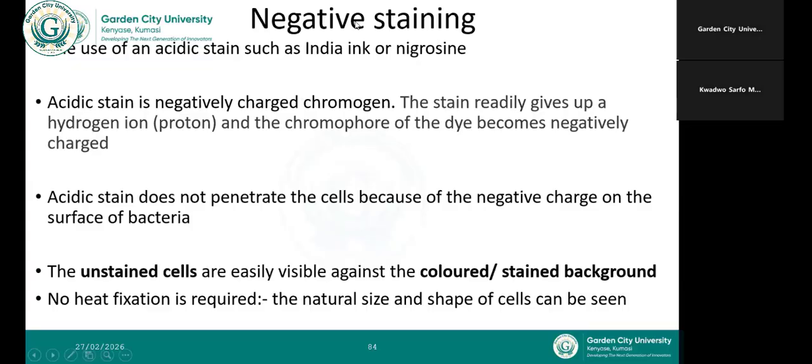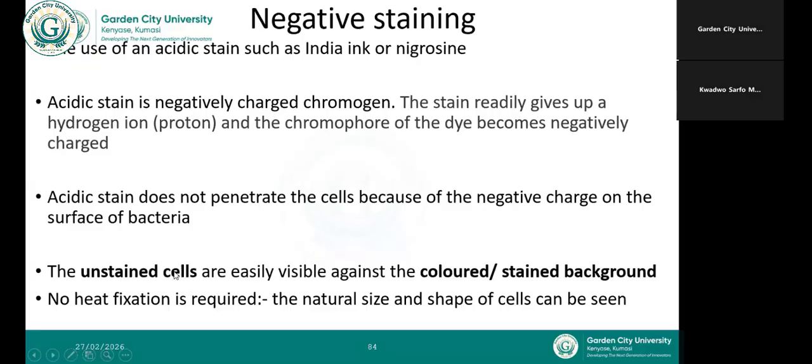So if the bacterial cells are slightly negative, and then you use an acidic stain which is also negative, then you are not going to stain the cells. And therefore, the background will get stained or colored, and the cells remain unstained.